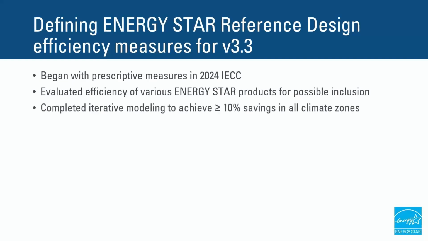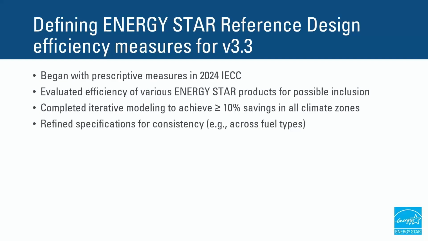This was an iterative process. We modeled sets of measures until we were able to achieve at least 10% savings in all climate zones. And once we reached that goal, we then refined the specifications for consistency. So just for example, we wanted to ensure that the windows that we specified in the reference design did not change just based on whether electric or gas heating was used.